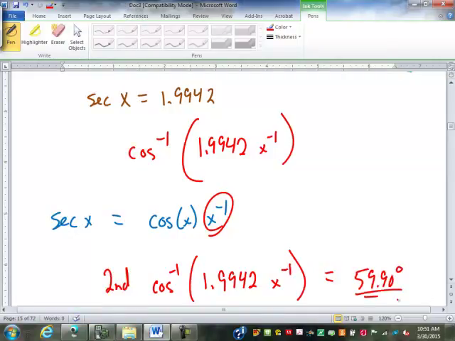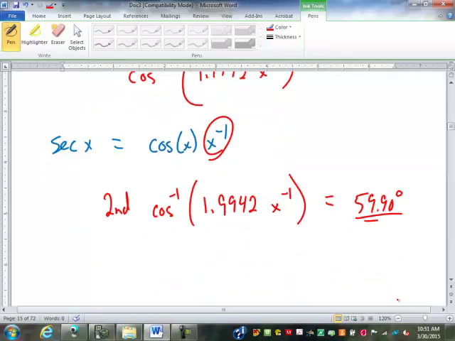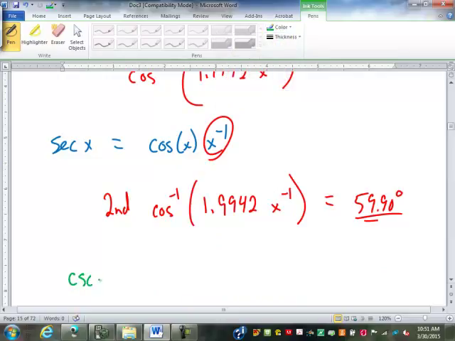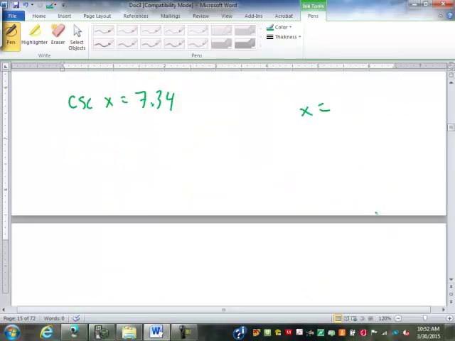You guys get to work? Give her a shot. Everybody struggling with it? That's it, 59 point. So for this one, solve for x. It'll be just like the secant, only we're going to use sine instead of cosine.